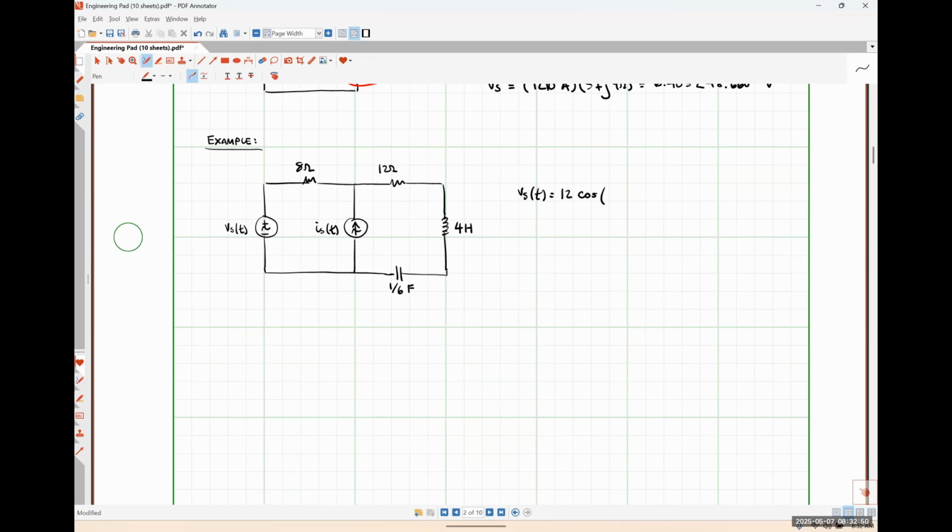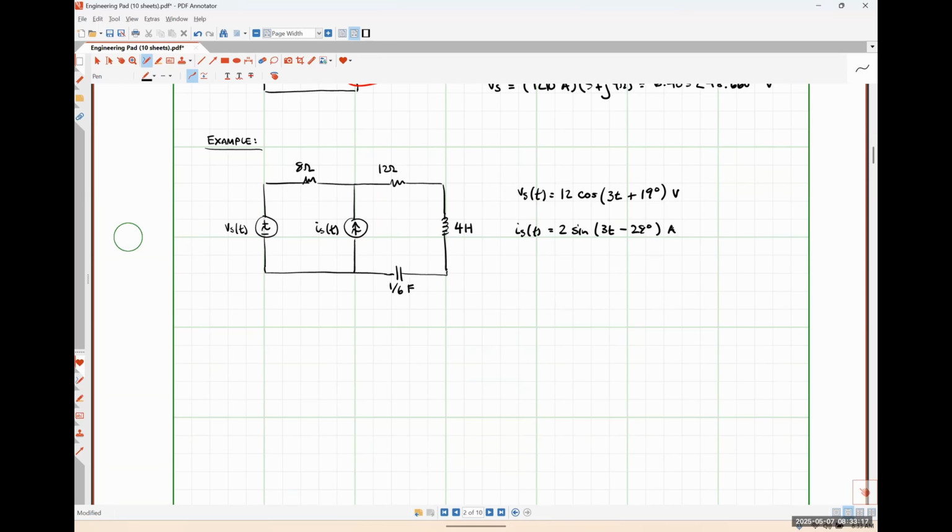Let's make this 12 cosine 3t plus 19 degrees volts. And let's make Is of t be equal to 2 sine 3t minus 28 degrees amps.